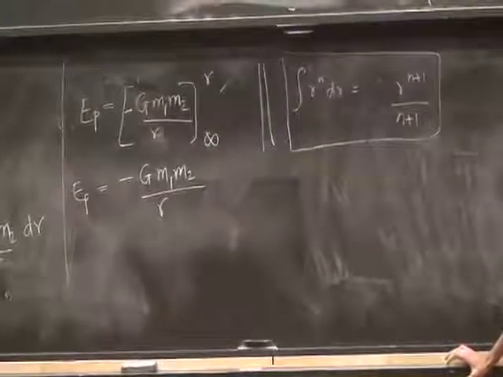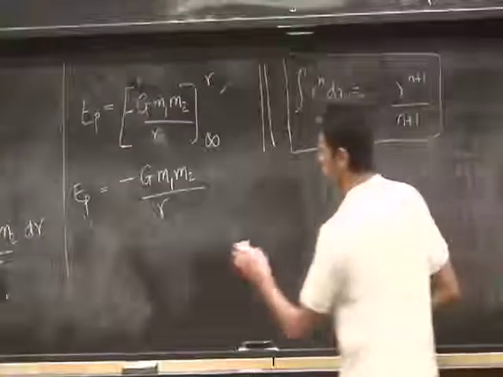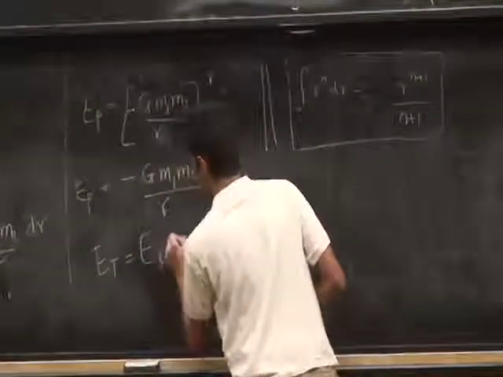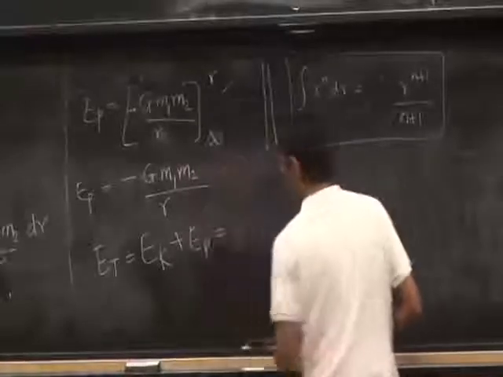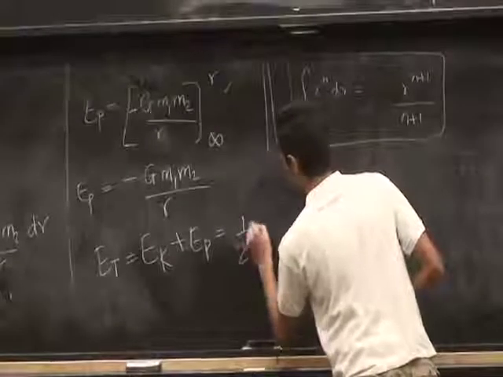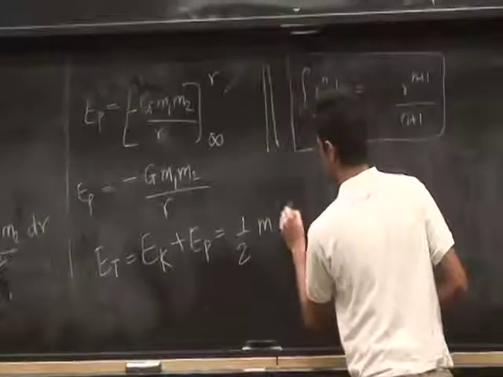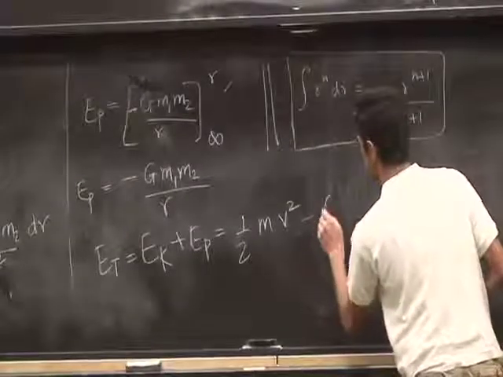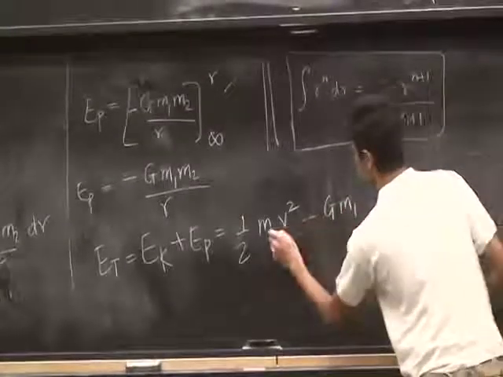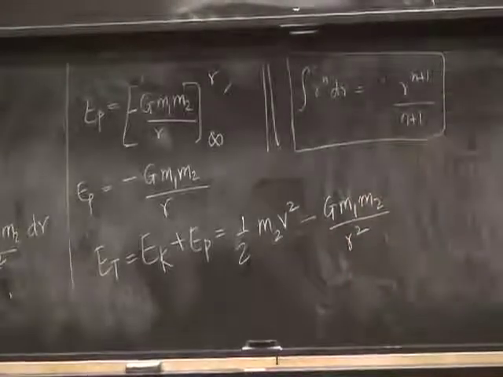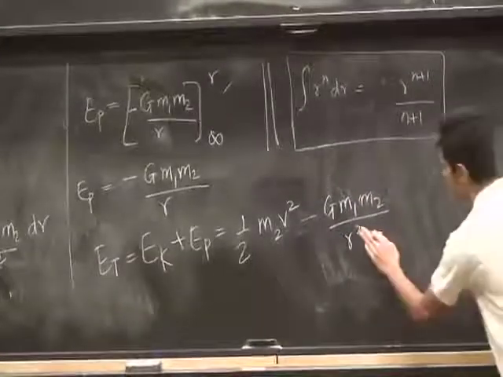So let's try to find what the total energy is. So ET is EK plus EP, and EK is half m v squared, and the potential here is minus G m1 m2 divided by r.